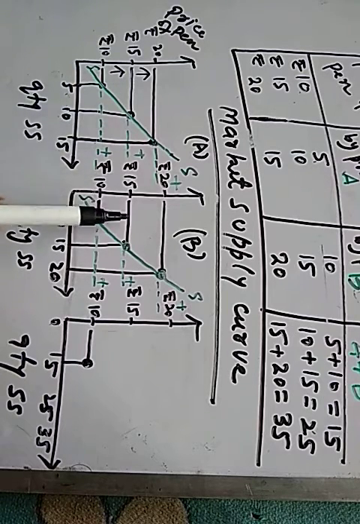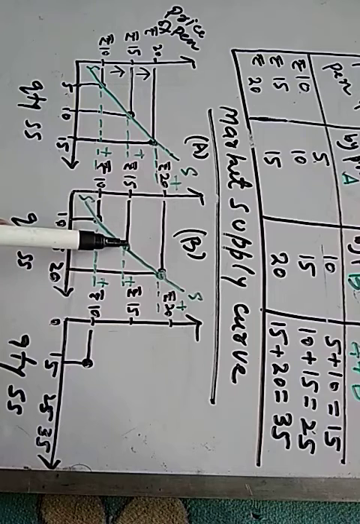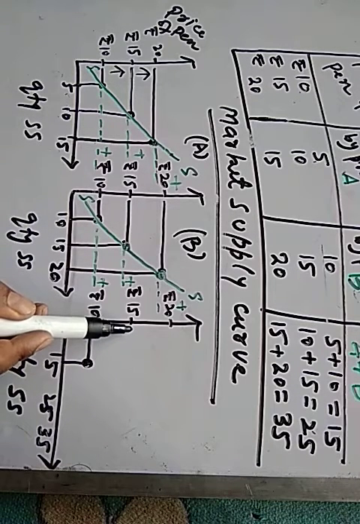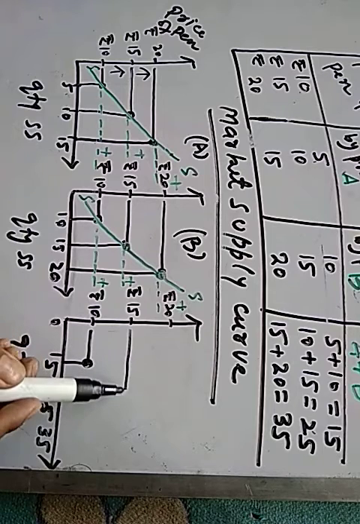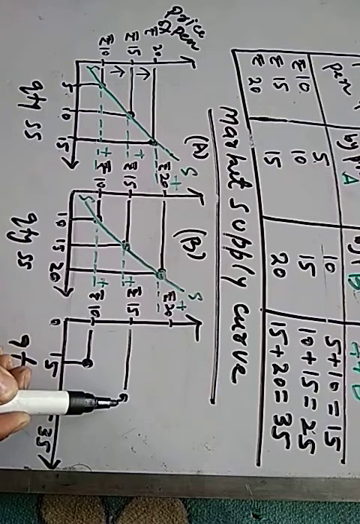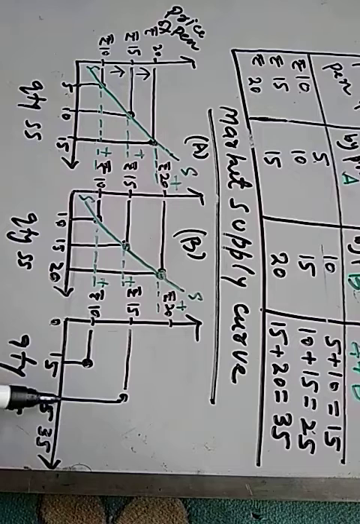Now we will add this 10 and here 15, 10 plus 15 will be equal to 25 units at the price of 15 rupees.